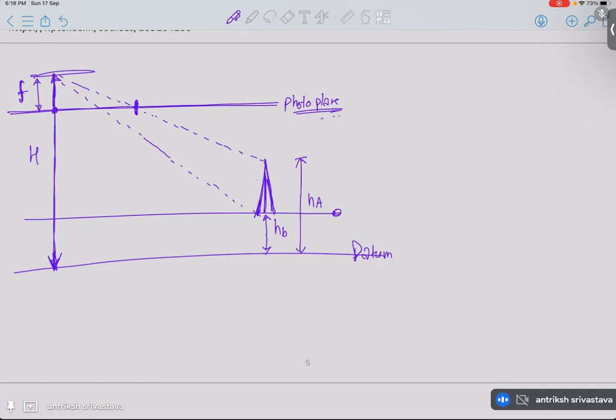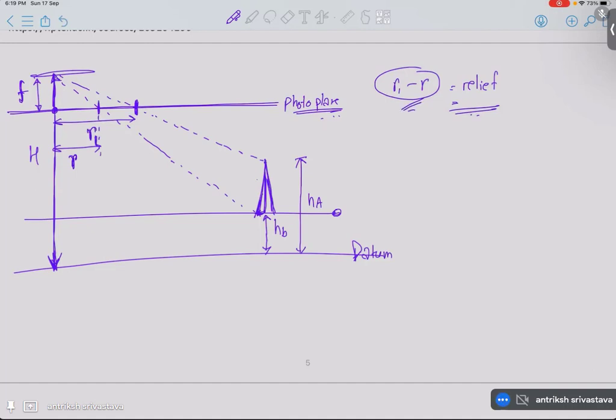The top of the tower is going to be at r1 distance from your principal point, and the bottom of the tower is going to be at r distance from the principal point. And this r1 minus r only is the relief, or whatever is the length of the tower that is given to us. Okay, so let's get the formula for this r1 minus r.